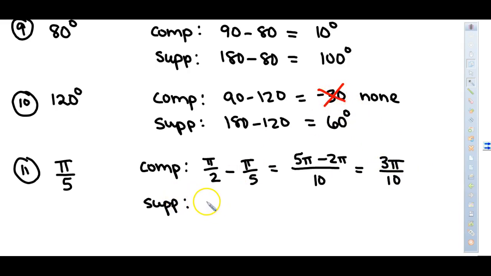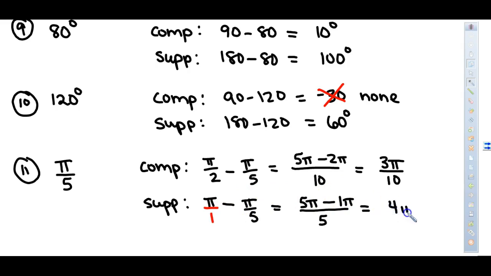All right, the supplement, we're going to do pi minus pi over 5. Get that common denominator of 5. So cross multiply here, 5 pi minus, remember that has an understood denominator of 1. So if you cross multiply there, then that's 1 pi.